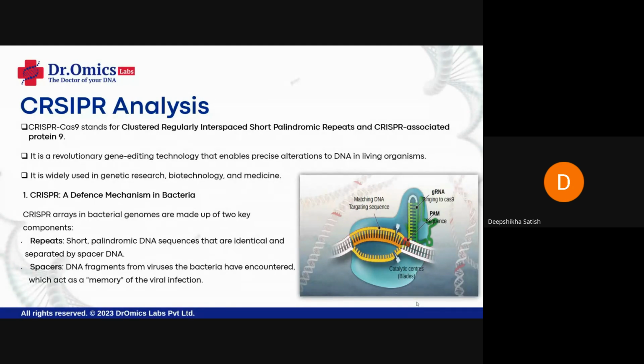Whatever unique sequences there are, they are nestled together between the palindromic repeats. Means there are short palindromic repeats, and in between we have some other sequences.